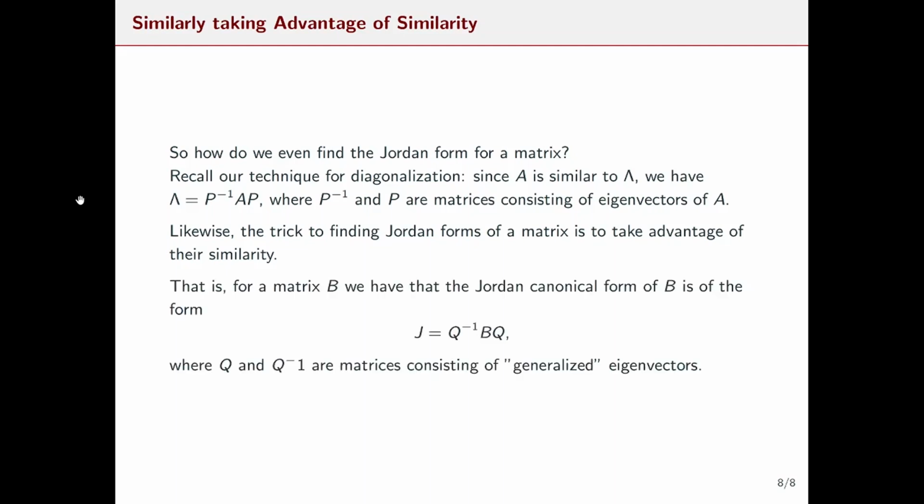We set up the equation J equals Q inverse B Q. And the Q matrices here consist of generalized eigenvectors, which is a very involved topic in its own right, and it's best to watch one of the other review videos for that.